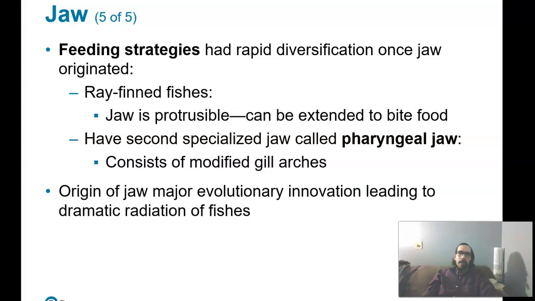They also have a second specialized jaw called the pharyngeal jaw, consisting of modified gill arches located towards the back, which make processing food more efficient. Things like this were major innovations, leading to a dramatic radiation of fishes.